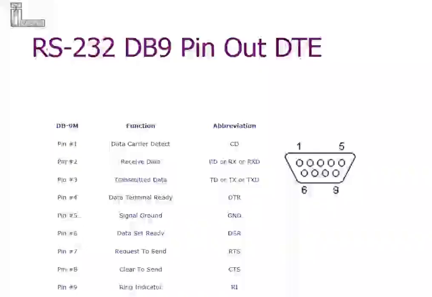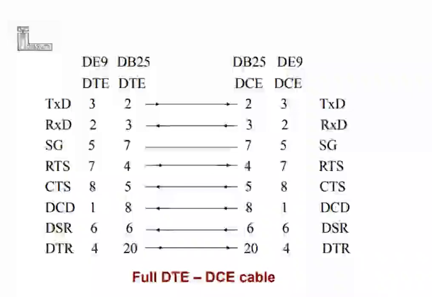Now this is how a DTE pin diagram looks. As I said, there are 9 pins in the connector. You need 3 wires for the basic communication: pin number 2, 3 and 5. Sometimes people use a 25 pin D connector also for RS232. Then the pin numbers are to be remembered, which look like that.